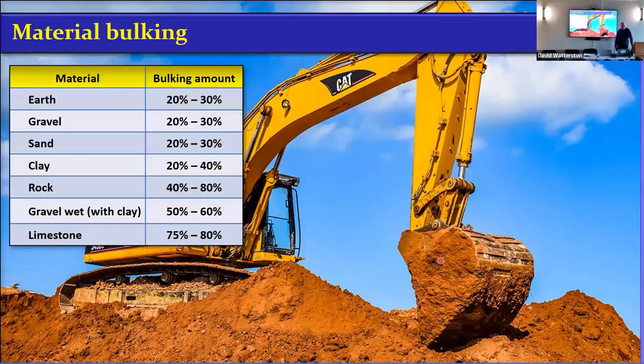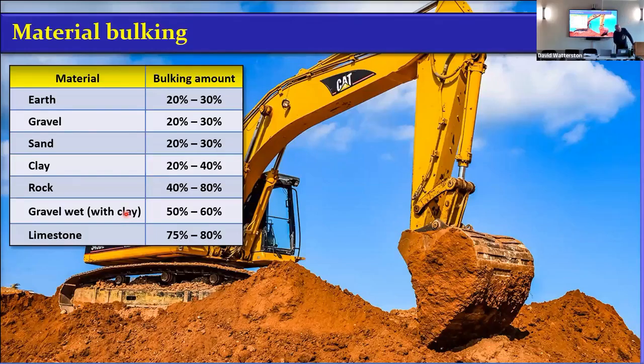Bulking. Anybody know about bulking? Bulking is what happens when you take stuff out of the ground. All right. So if you've got a site that's gravel and wet with clay, which a lot of London is, it's ballast underneath in clay, and where I live, there's about 200 mil of topsoil, and then about 100, 200 mil of clay, and then I've got ballast and sand to wherever.